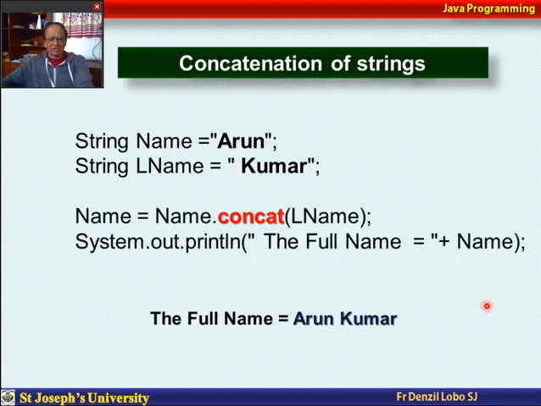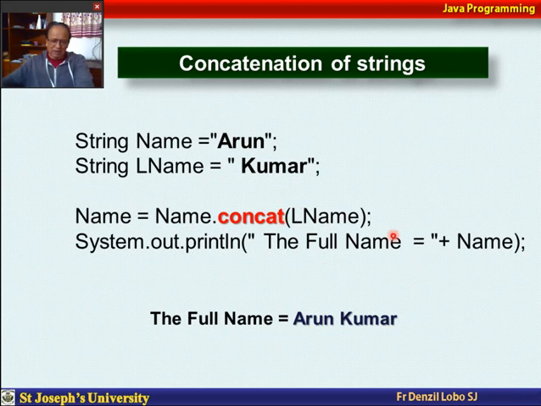Concatenation. I want to join two strings. In C we had strcat. Similarly here, name is Arun, so concat adds the last name at the end of that. Since I am assigning to name, it becomes Arun Kumar and overwrites the original Arun, and the output is: the full name is equal to Arun Kumar.